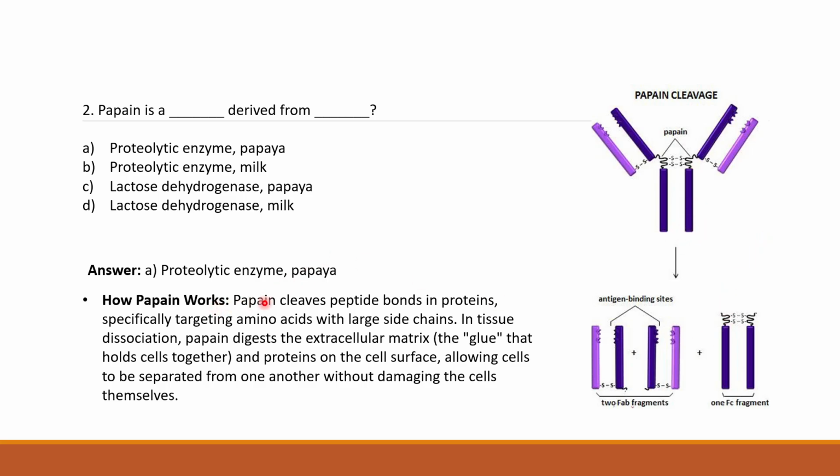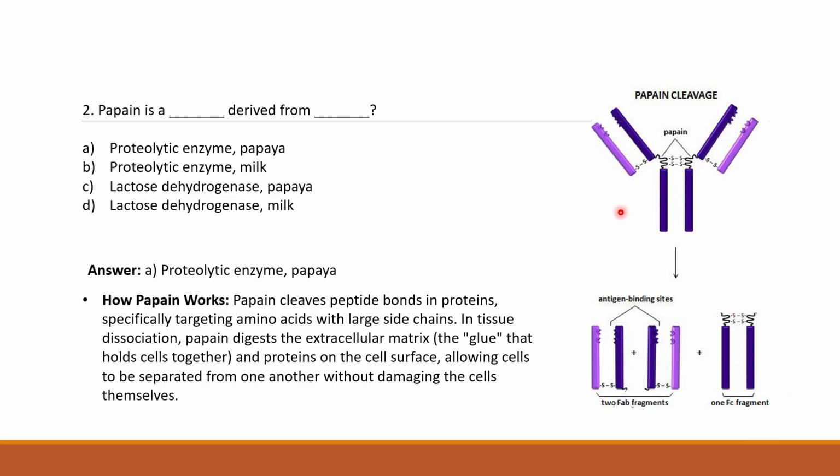Okay, so where your papain cleaves your antibody is in this long chain that attaches your Fab regions and your Fc fragment. Okay, so when you treat your antibodies with papain, you will get these kinds of separated regions of your antibody, wherein this is your Fab fragment, this is your Fc fragment.